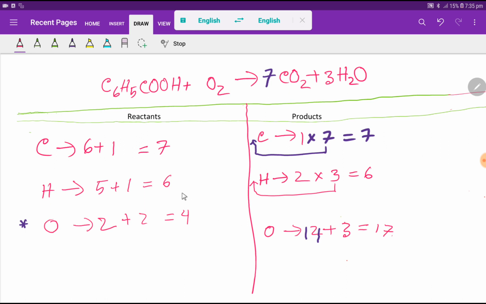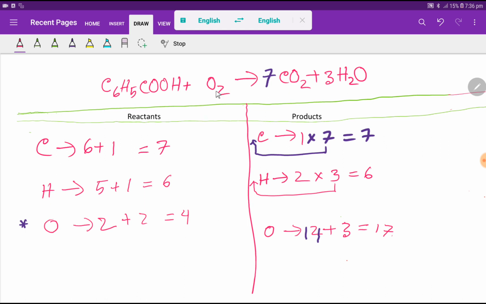Okay. So look, now hydrogen 6, carbon 7, everything is balanced, but we need to balance the number of oxygen. Here 17, but here 4. Okay, look, these 2 oxygen have come from benzoic acid, and these 2 oxygen have come from oxygen. So if I change something here, with this compound we have carbon, hydrogen, right?